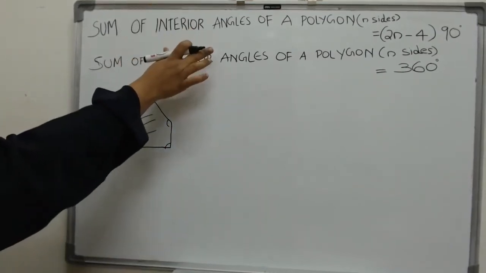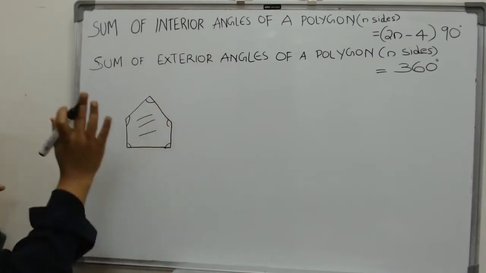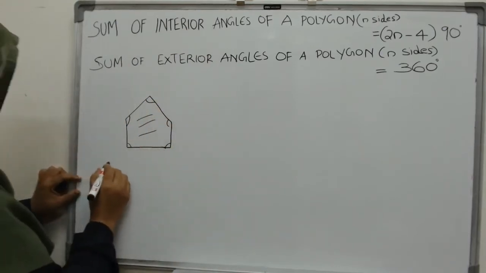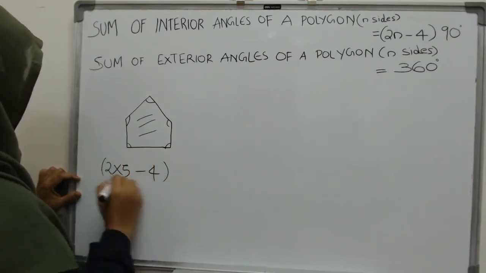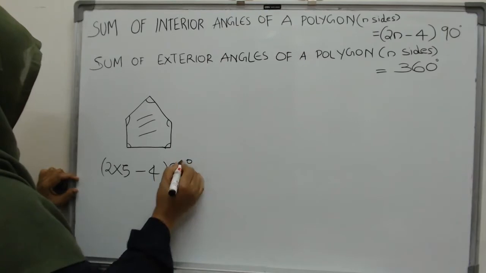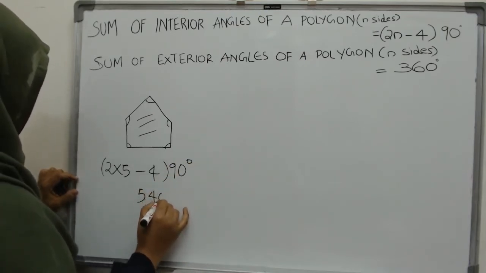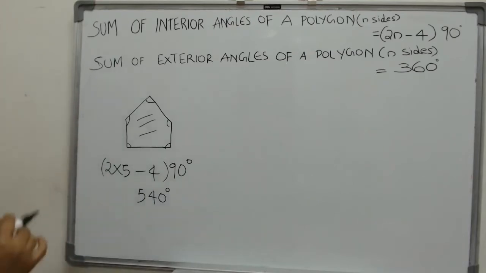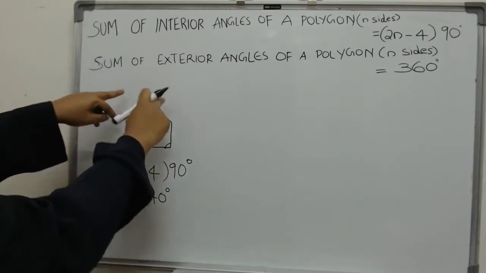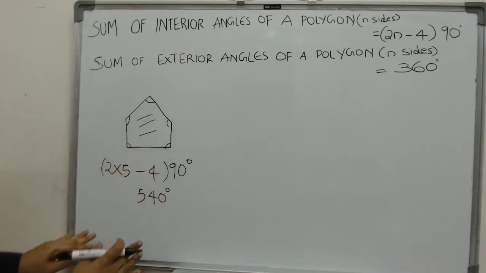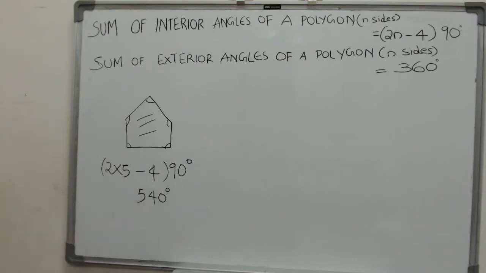What this formula says is that all of these 5 angles added together will be (2 into 5 minus 4) into 90 degrees, which will be 10 minus 4, 6. It will be 540 degrees. Now notice that you do not know what the individual angle measures are. All you know is that all of them added together will be 540.